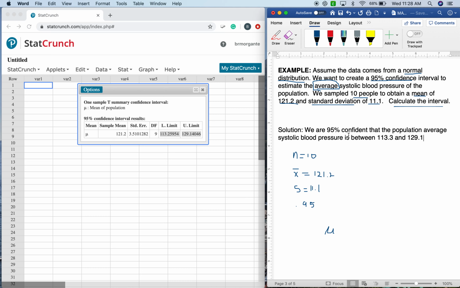So we are 95% confident that the population average systolic blood pressure is between 113.3 and 129.1.